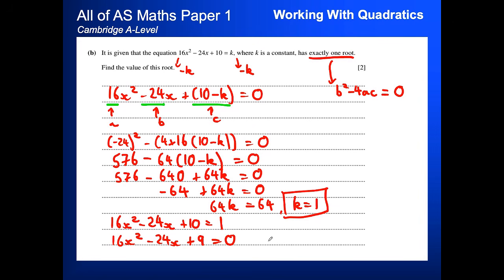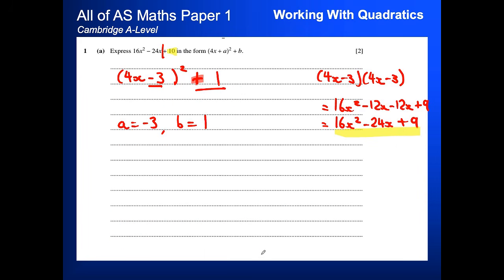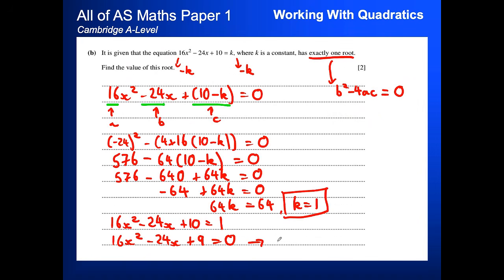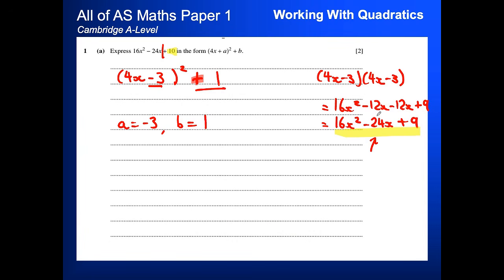And we've seen that before in the previous question. If I go back, notice that 4x minus 3 all squared was equal to that expression. Therefore, we can say that 4x minus 3 all squared is equal to 0, using that expansion I did in the first part of the question.